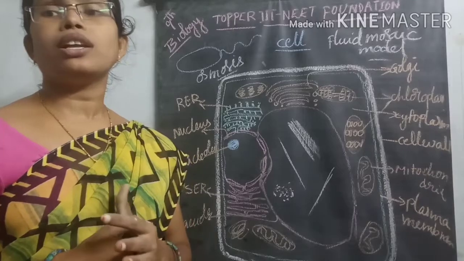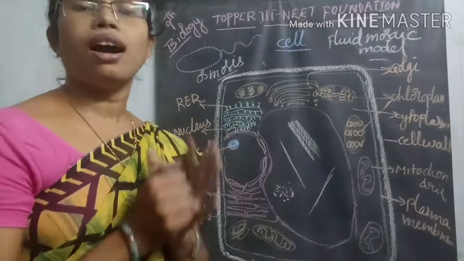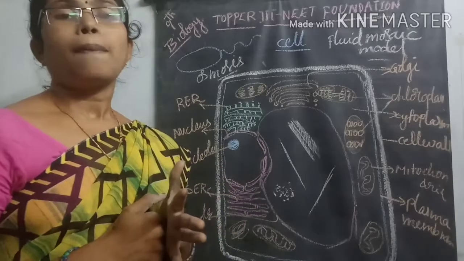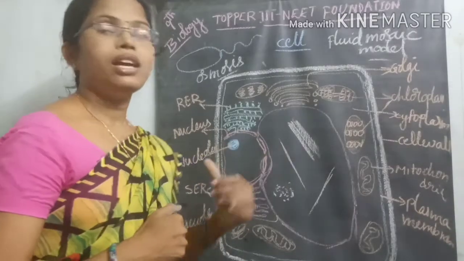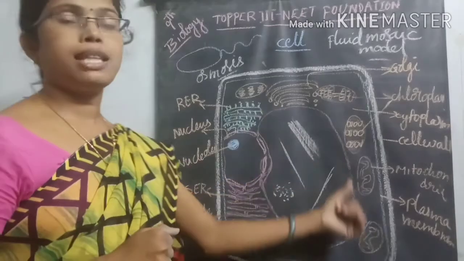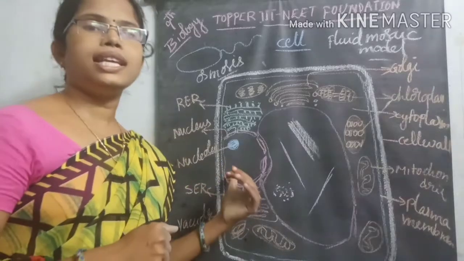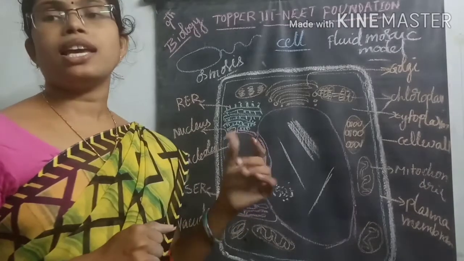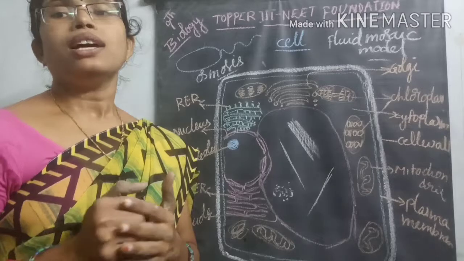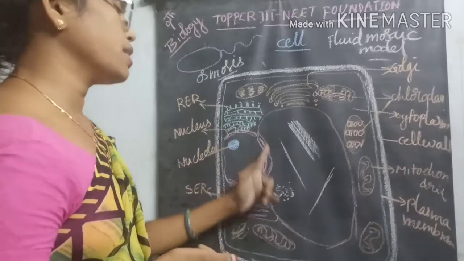It is somewhat large in nature and it is located centrally in the animal cell, but it is somewhat peripheral in the plant cell, because most of the place in the plant cell is occupied with vacuole. Inside this nucleus there is a small cell organelle called the nucleolus.